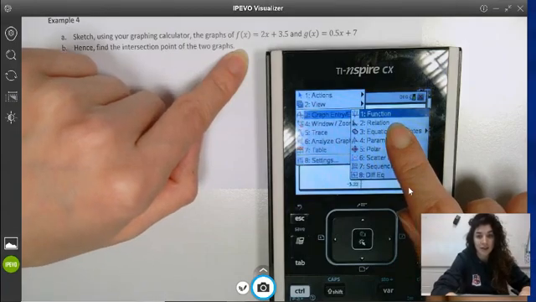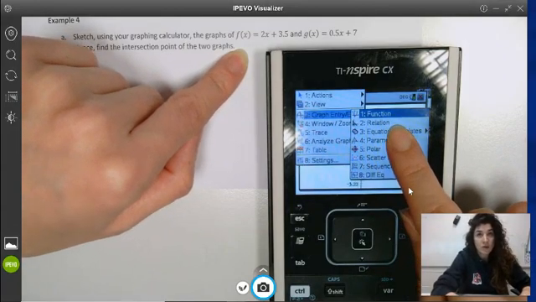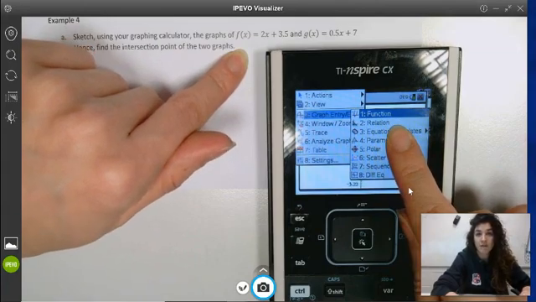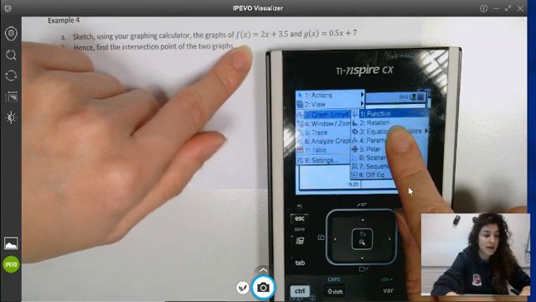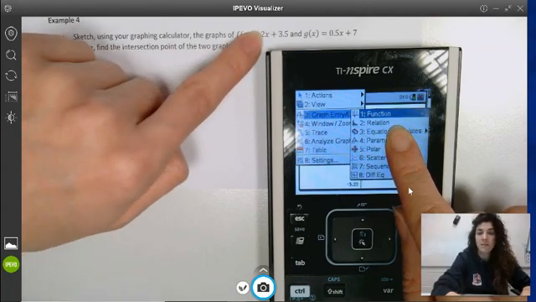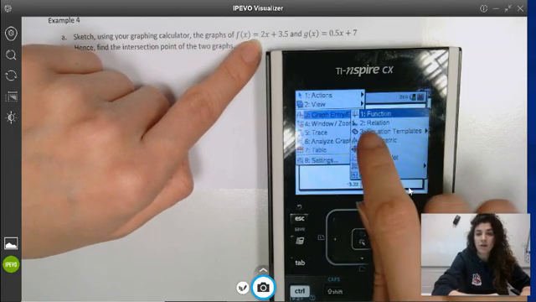TI-84s cannot graph relations. TI-Nspires can. So that's interesting because we do want to graph things that are not functions, like circles, ellipses, and hyperbolas, but they're not always going to be functions. So that's how we graph it.